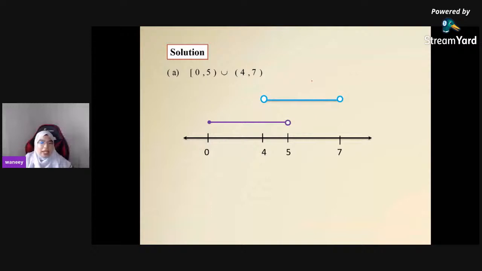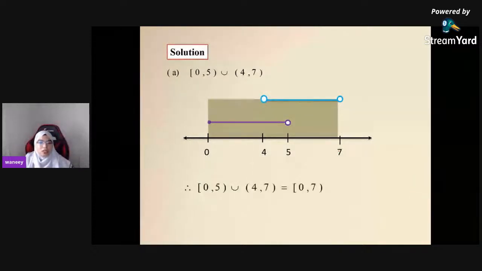Now union means we need to combine those two lines together. What do you have? It is actually starting from 0 up until 7. So the sign over here is a closed circle or a dense circle, a square bracket at 0. At 7, this is an empty circle.